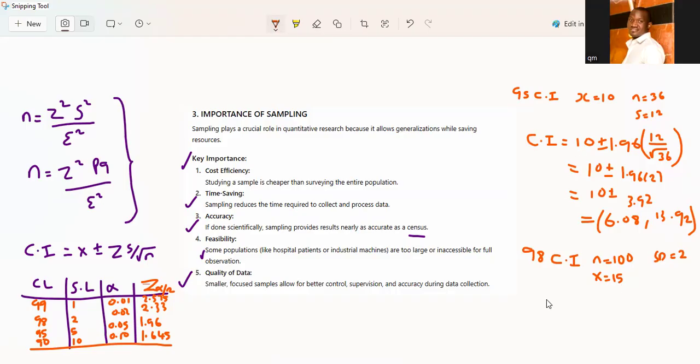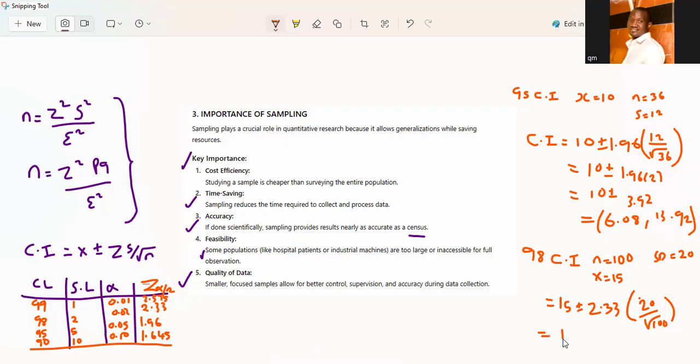So using that, our mean is 15. Our Z at 98% is what? 2.33. And our standard deviation is what? 20, over square root of n. Our n is 100. So for the standard error, the square root of 100 is 10. 20 over 10 is 2.